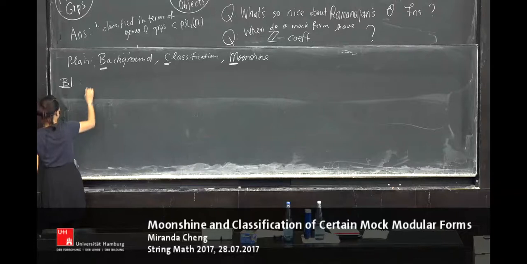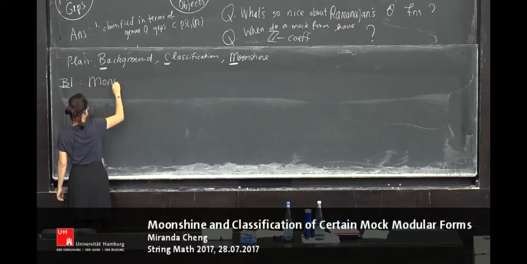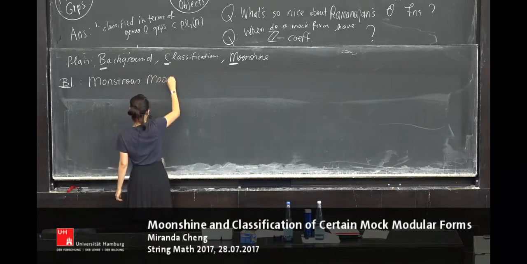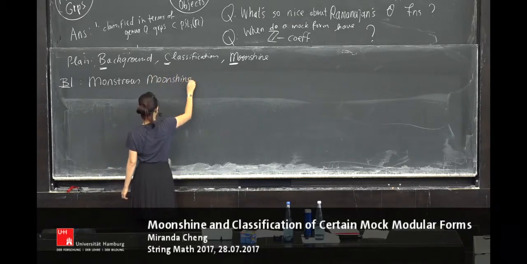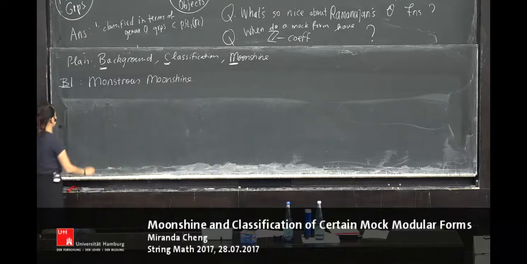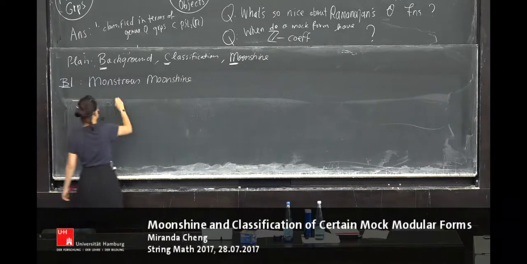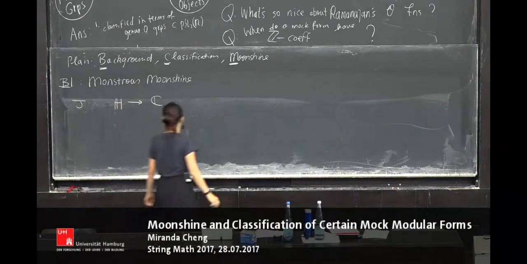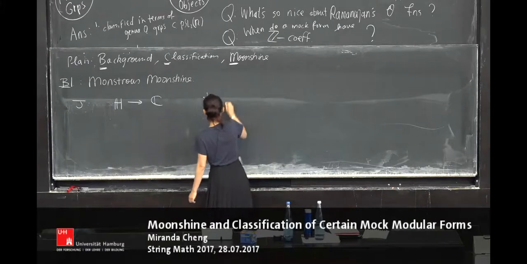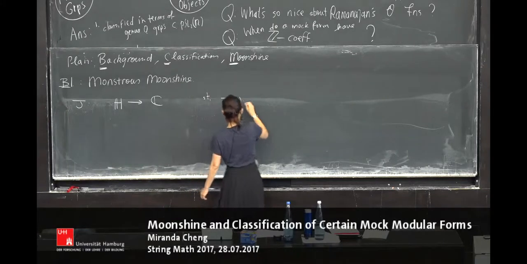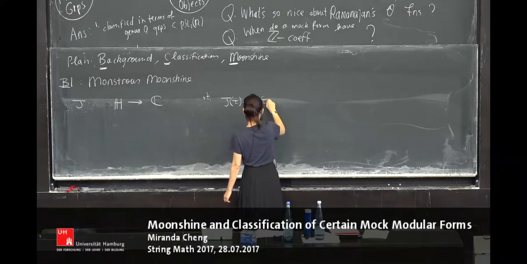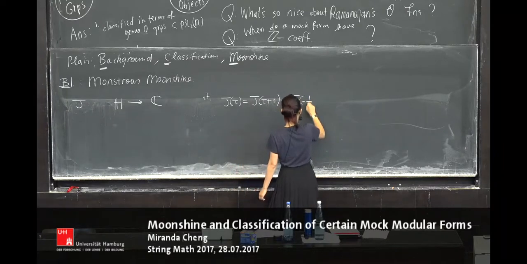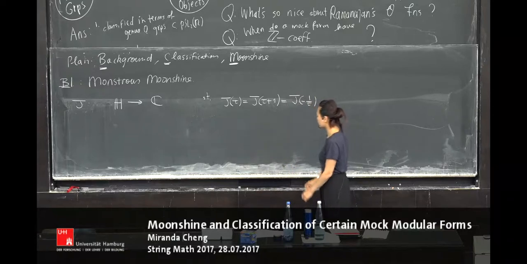So the first part, background. Let's briefly review the story of monstrous moonshine. We start with the J function, which is a function on the upper half plane with the property that it is invariant under SL(2,Z), generated by these two moves.